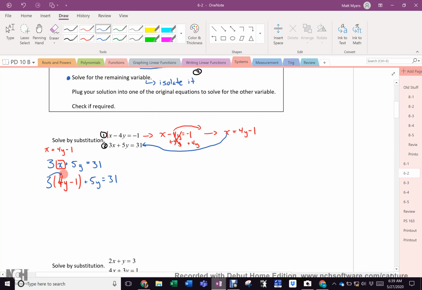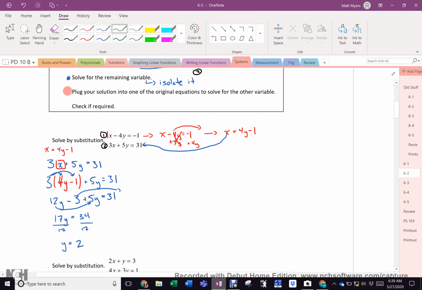So I do my math. 12y minus 3 plus 5y equals 31. 12y and 5y, 17y equals, and I've got to move that 3 over there, 34. Then I divide by 17, and I get y equals 2.